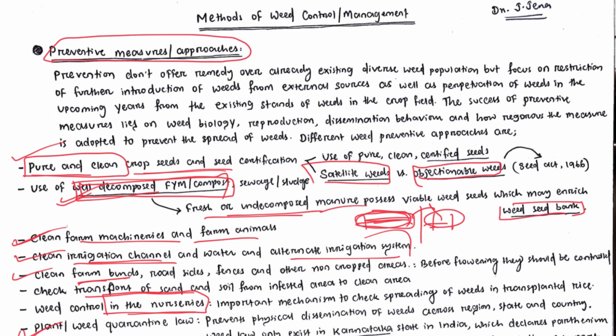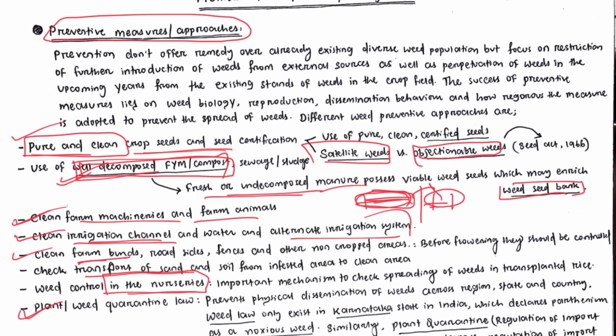These officers are already employed for that, so they screen the seeds and check if there are any weed seeds or any suspicious seeds present, any disease, weed or pest coming along with the crop seeds. So basically, at the policy level, that is the preventive approach against the introduction of new weeds, called alien weeds, from other countries or other states.